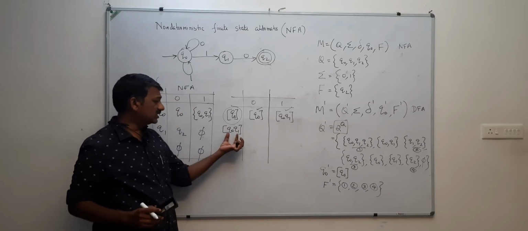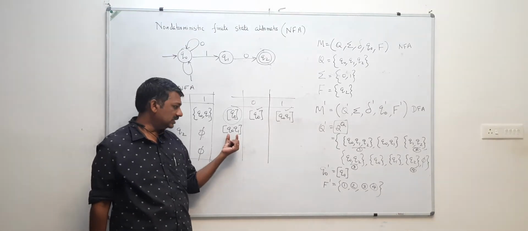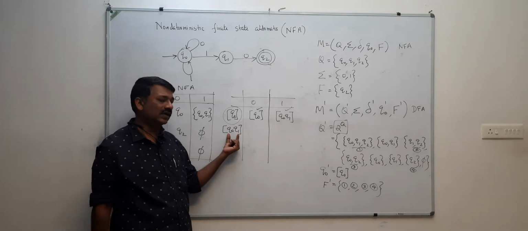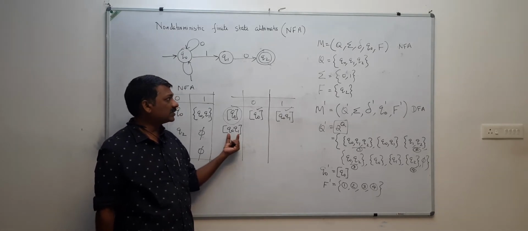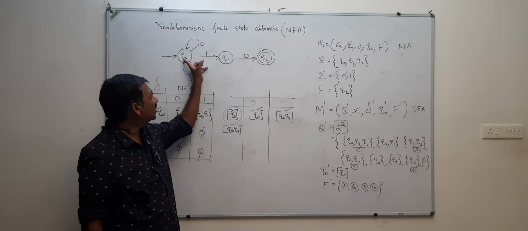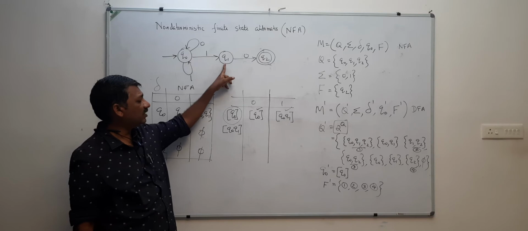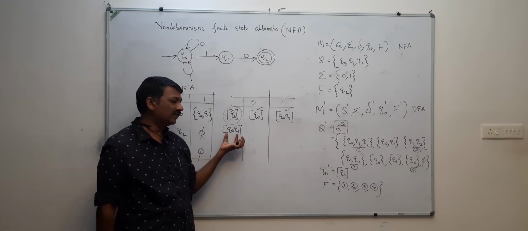This is a single state of the DFA, and this single state of the DFA is representing multiple states of the NFA, that is Q0 and Q1. Multiple states of the NFA are defined by a single state of the DFA.